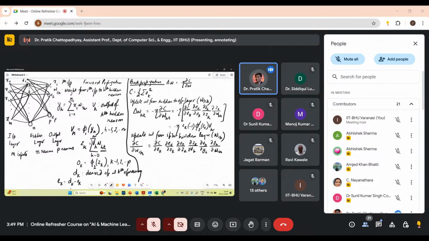But one point we have to note: if we want to update this weight, the effect of all the output neurons comes into play. EK and OK are specific to the kth output neuron, but the effect of all the output neurons comes into play when we update this weight. So when we have this K term involved, we sum over all the K's, K equals 1 to P, and then we multiply with del VH del YH, del YH del W. So we will get the final weight update expression.